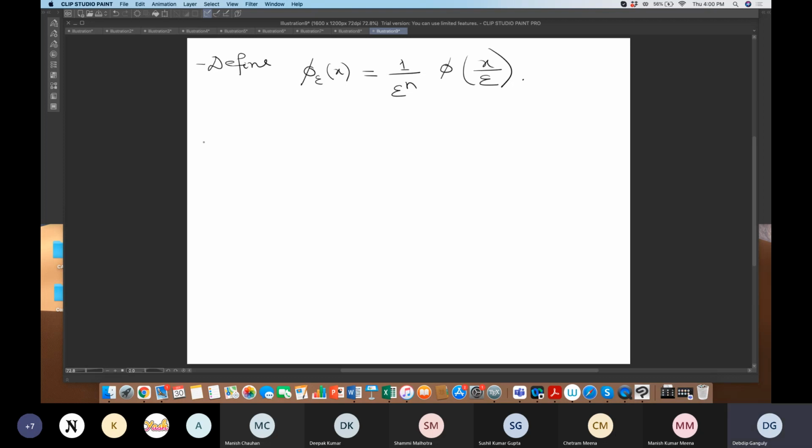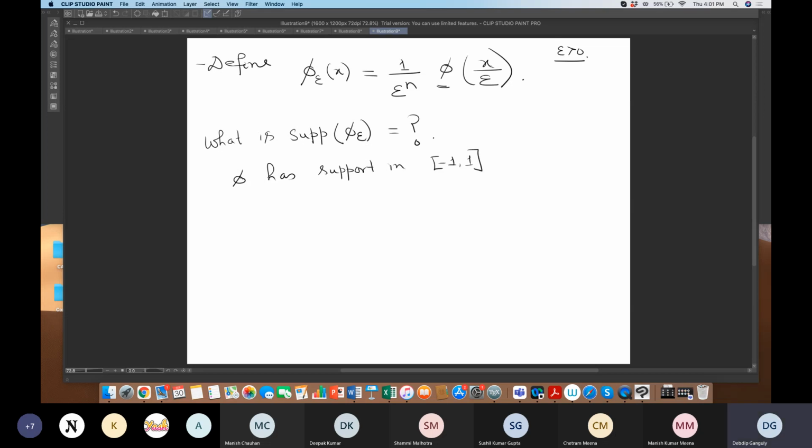Now you tell me, what is the support of phi epsilon for epsilon positive? Minus epsilon to epsilon, closed interval. Yes, very good. Why? Because phi has a support in minus 1 to 1.